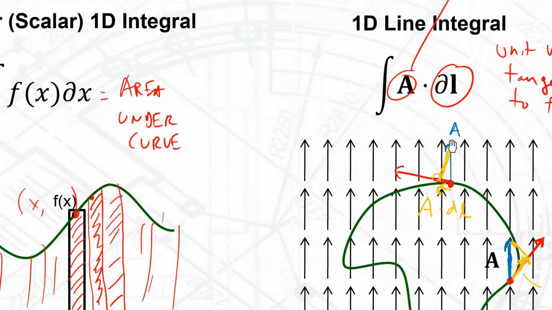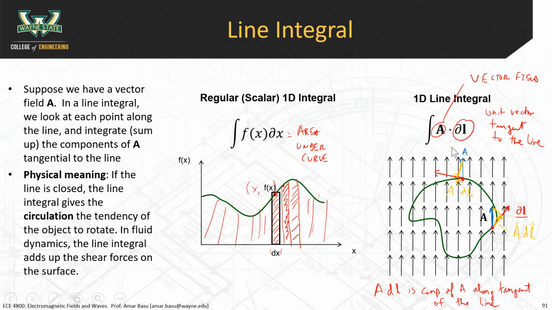So this is A pointing in the upwards direction. This is dl, the red one, pointing tangent to the line, the green line. And then A dot dl is the component of A along the red line. So it's the length of this vector right here. That's what the component is. So that's the physical meaning of A dot dl.